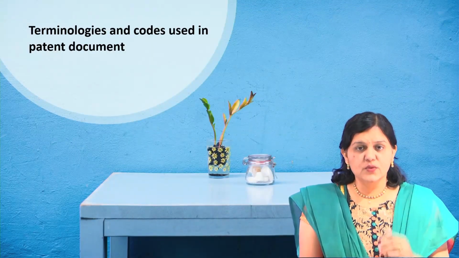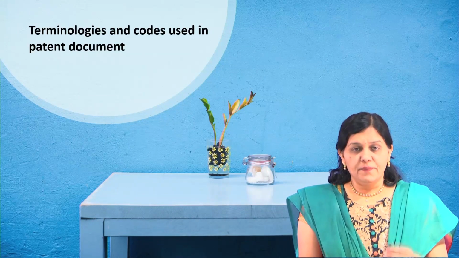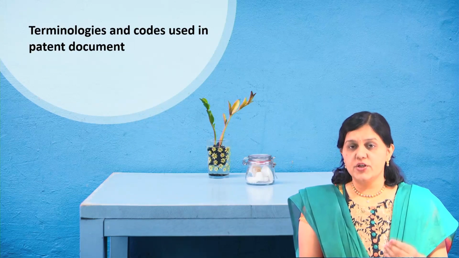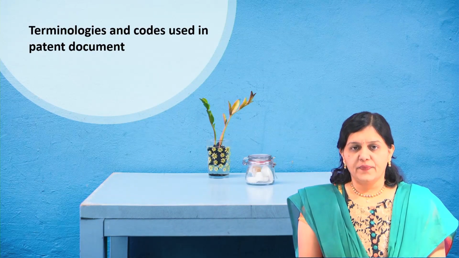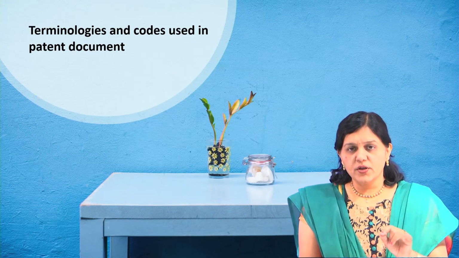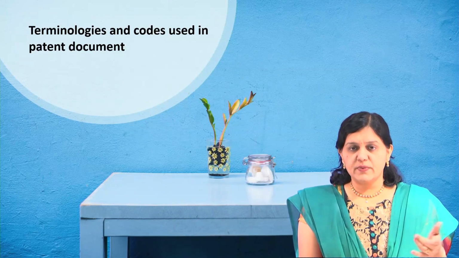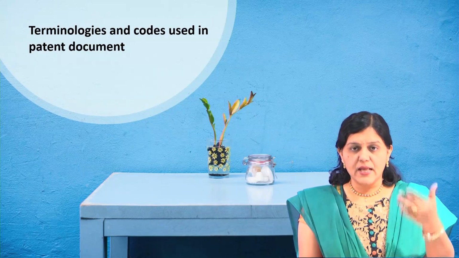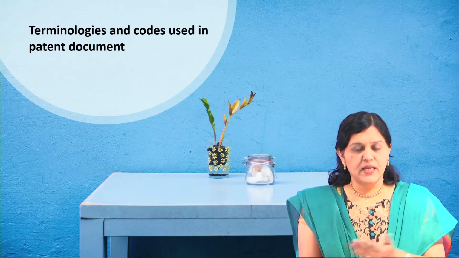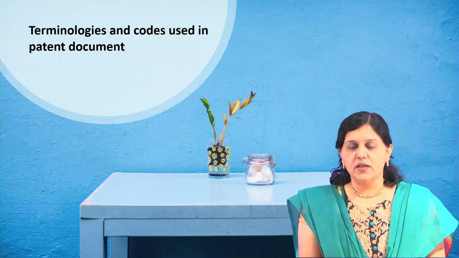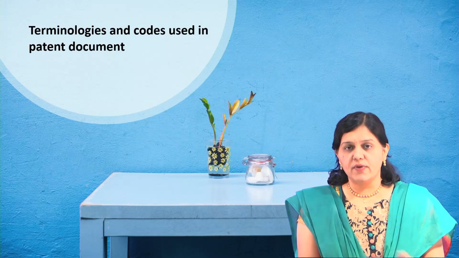After knowing this code system, we will do one more small exercise. Please take again the same patent document which you have used to understand the parts of a patent document. Now, that document is in your hand. Now, what you do? You find out if any of the codes which are mentioned, we have seen USPTO, European system, WIPO system and these INID numbers. You can check INID numbers in any patent document, it may be a USPTO patent document, a European patent document, or a WIPO patent document.